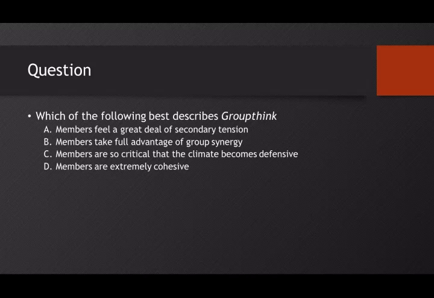So if everybody thinks alike, they lose one of the aspects of groups that is so important, which is having the diversity of thoughts to come up with the best ideas possible, the most creative ideas. So once groupthink occurs, that definitely stops that in its tracks. Creativity no longer really occurs because people are thinking alike. There's no level of questioning amongst group members.